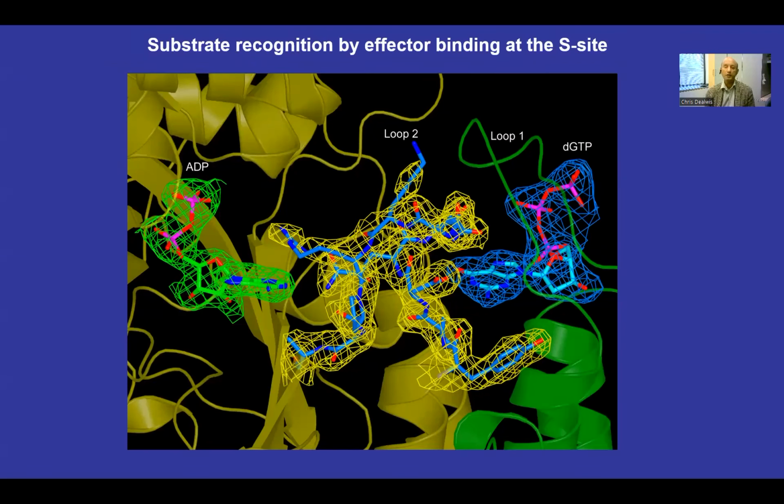Now, how does RNR maintain a balanced nucleotide pool? At the molecular level, our lab, with others, demonstrated this process where you see two major loops.